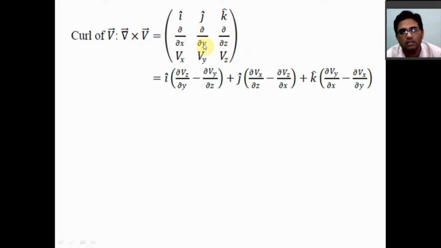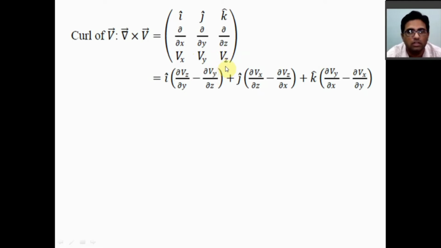Del operator is a vector operator, that is i del/del x plus j del/del y plus k del/del z. And we have to do these partial derivatives on different components of the vector field. Here this Vx is the x component of the vector field V, this is the y component of the vector field and this is the z component of the vector field.